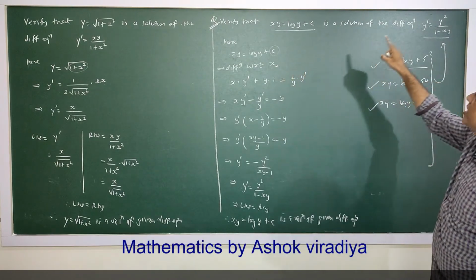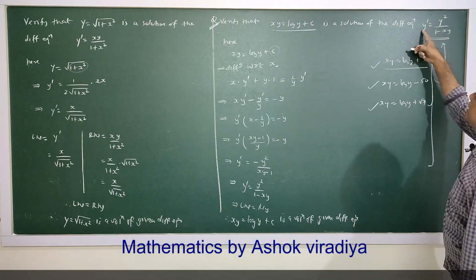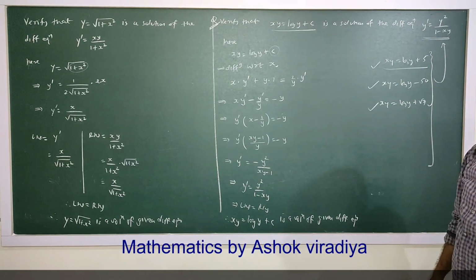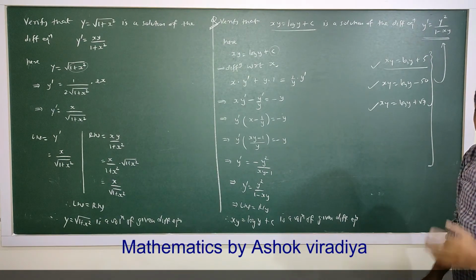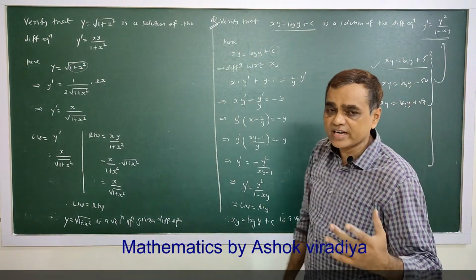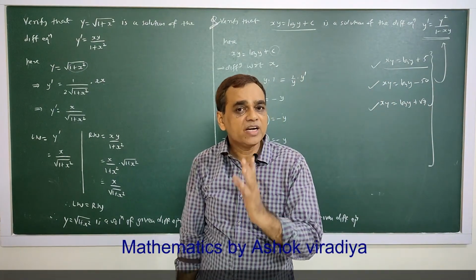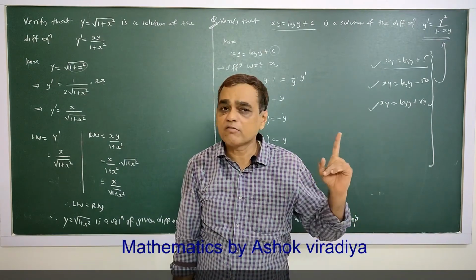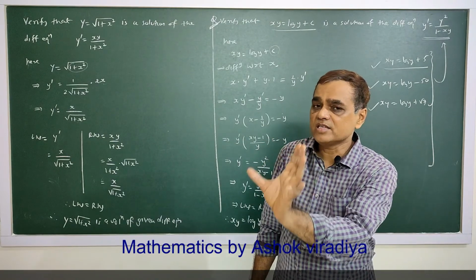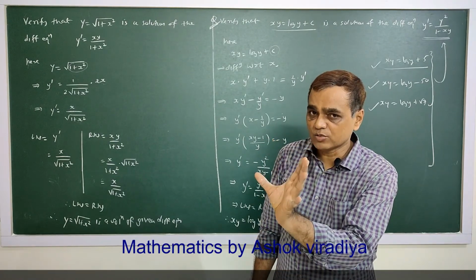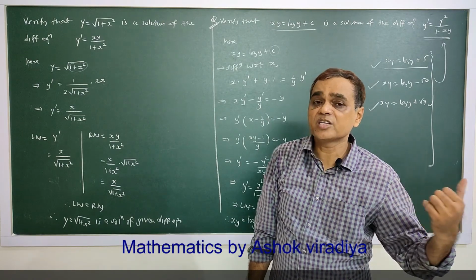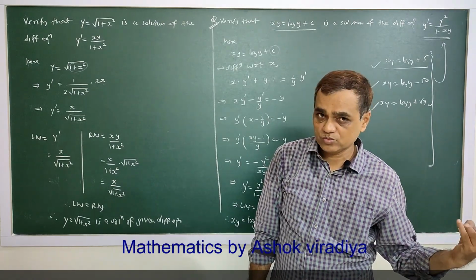So its differential equation has order 1. dy by dx, first order derivative, order is 1. So in any differential equation, if you find one arbitrary constant, its differential equation will have order 1. If you find in any equation of a curve 2 arbitrary constants, then its differential equation will have order 2.